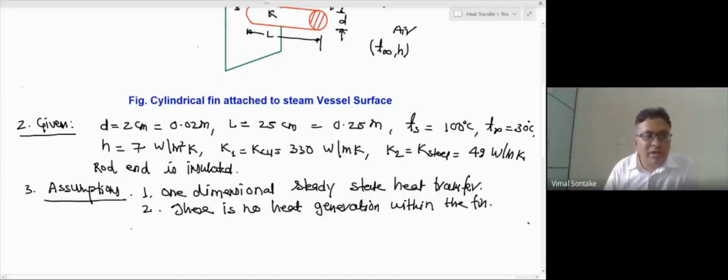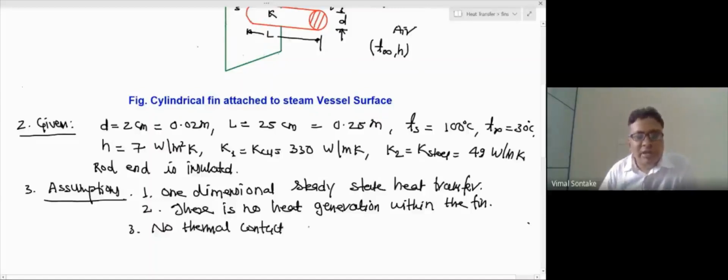Assumption number three, no thermal contact resistance. All these assumptions we have also considered during the derivation of governing differential equation. So same assumptions will be applicable for numerical as well.